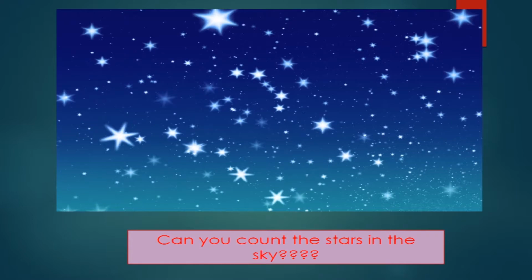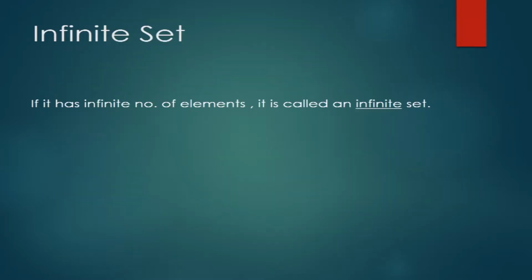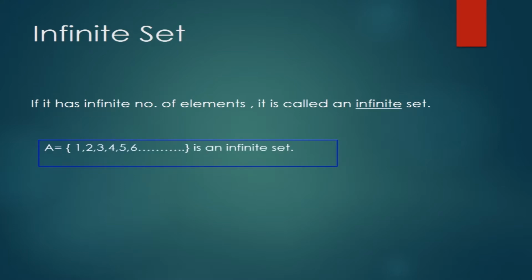Can you count the stars in the sky? No, as these are uncountable. So, a set having an infinite number of elements is called an infinite set. A = {1, 2, 3, 4, 5, 6, ...} and so on is an infinite set.